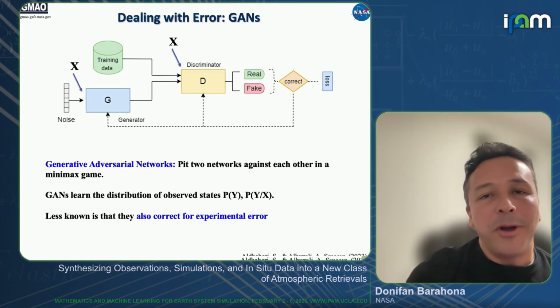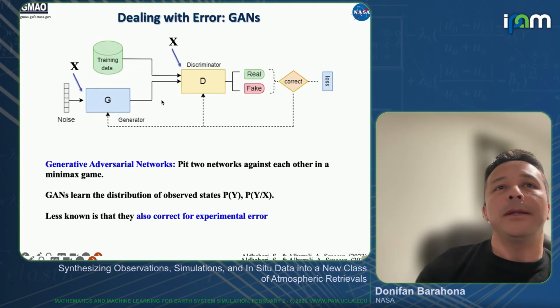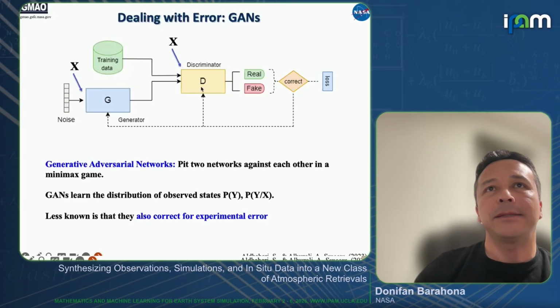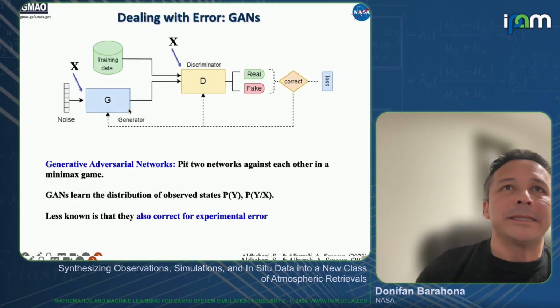And the way they work is that they pit one network against another. So you have a generator, which in this case will be our prior neural network, and this generator presents examples to the discriminator.